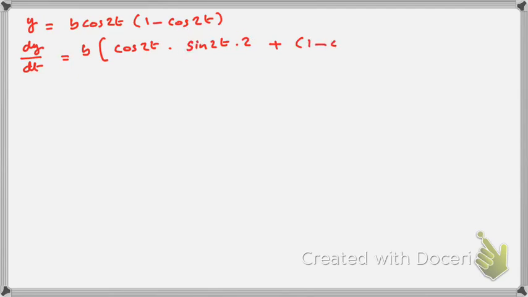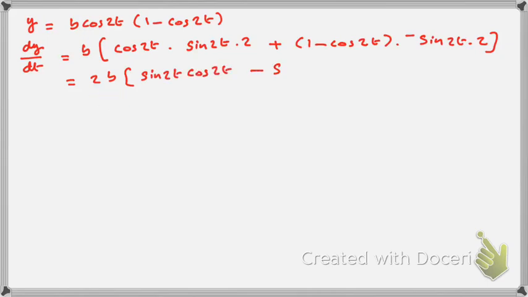Plus second function into derivative of the first. What's the derivative of cos 2t? Minus sin 2t into 2. And again I have this 2 as common factor which I bring out, so 2b. 2 is gone out, so this is sin 2t cos 2t. And here 2 is gone out, so I have only minus sin 2t, with which I open the bracket.